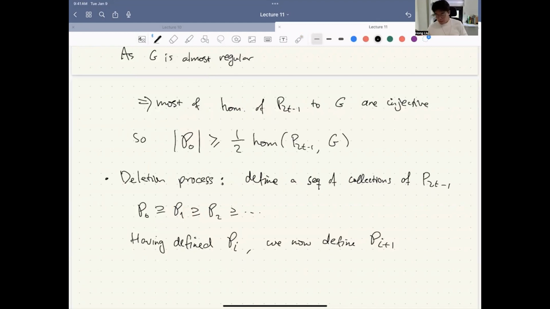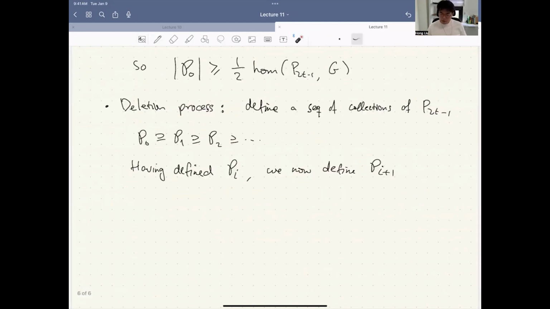So what is bad? As I said, the path is bad if you have, say, v_1 to v_{2t-1}. This is a copy of P_{2t-1}.